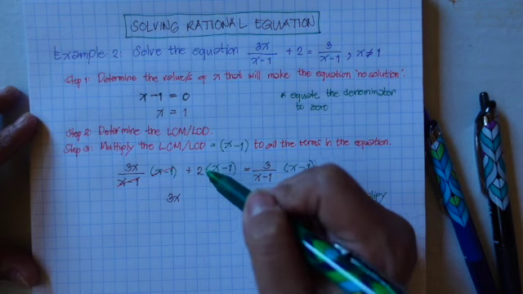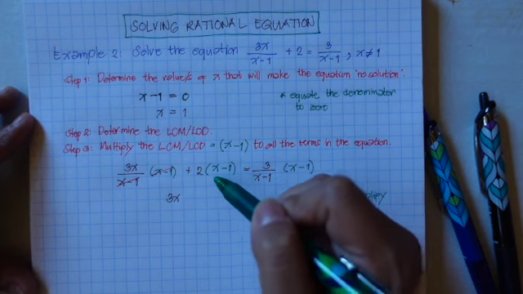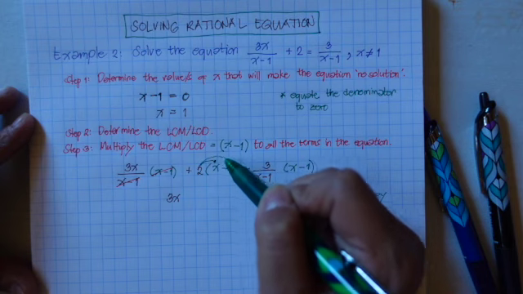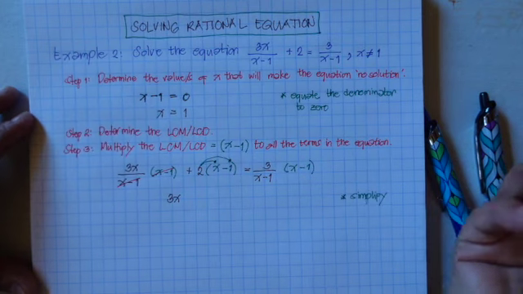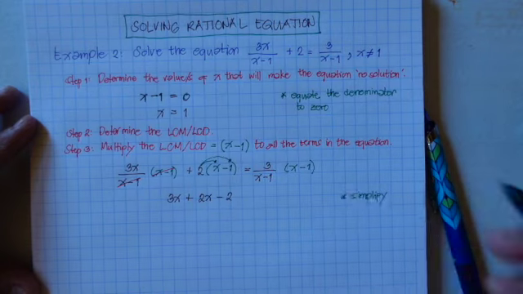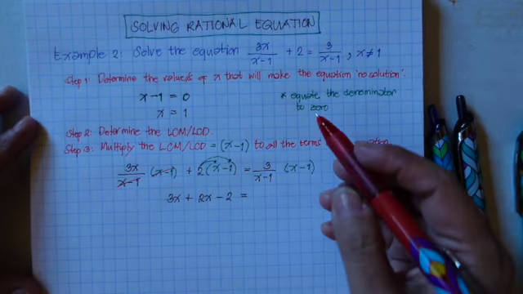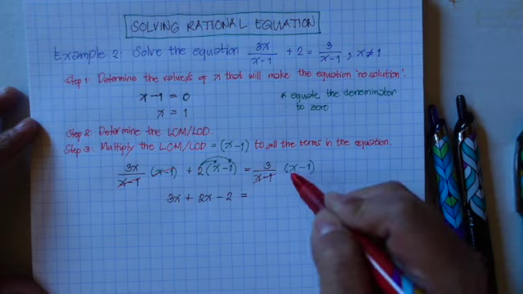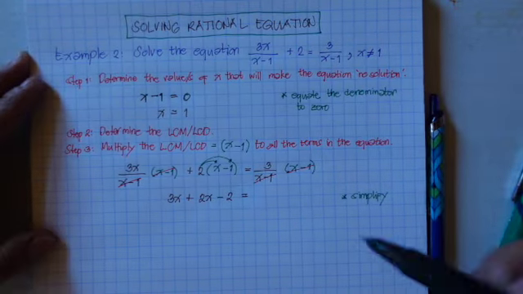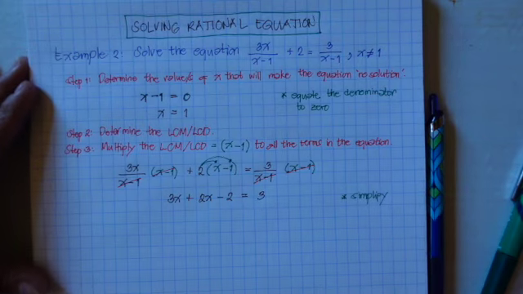Notice that we are multiplying a number to a quantity, so we make sure that we do the multiplication over subtraction: 2x minus 2. And for the right side, same thing. x minus 1 goes to itself once. What is left here is the 3.